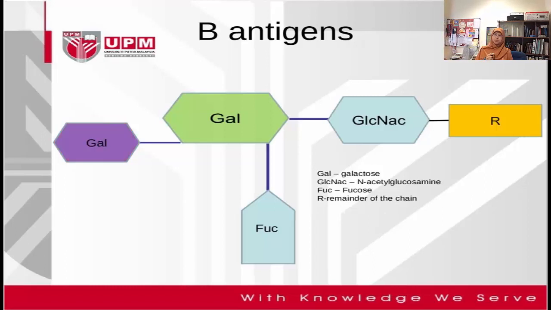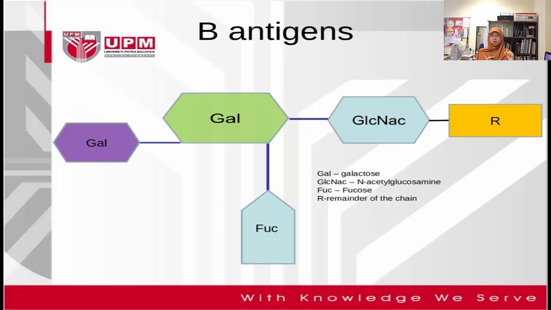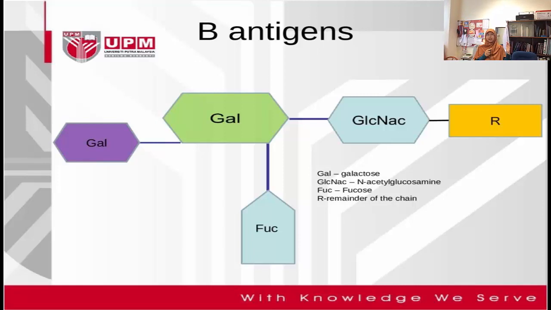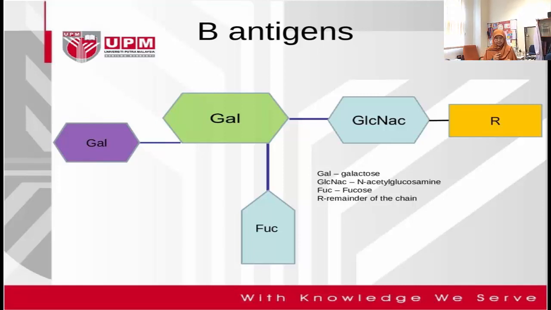For a B individual, with B genes, the gene will encode a specific transferase enzyme, and this enzyme will lead to the addition of D-galactose to the H substance. So this H antigen will be converted to B antigen.